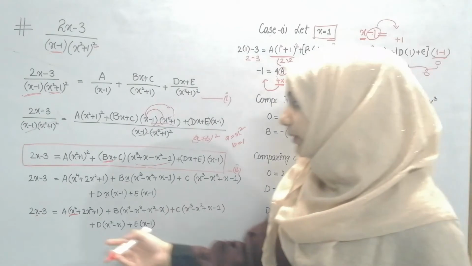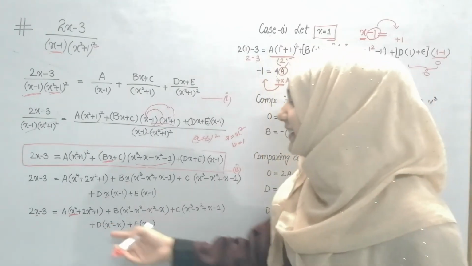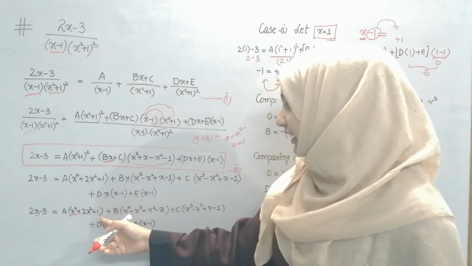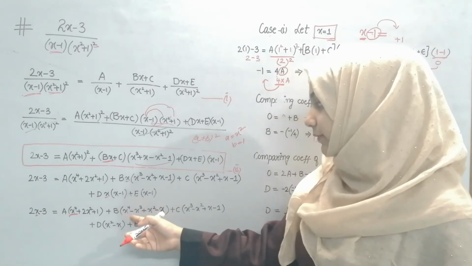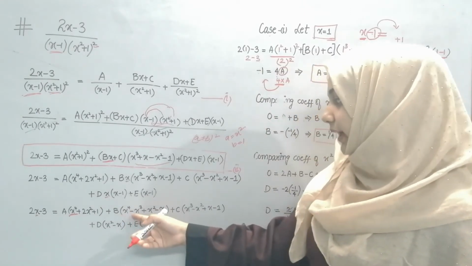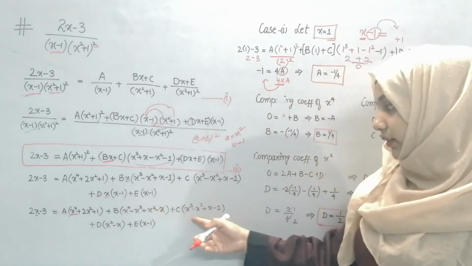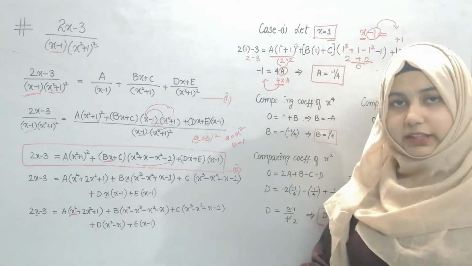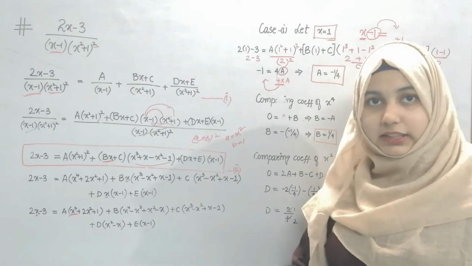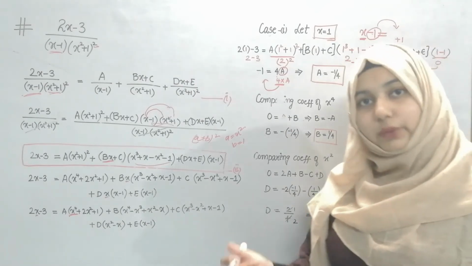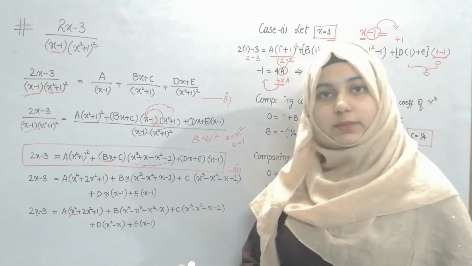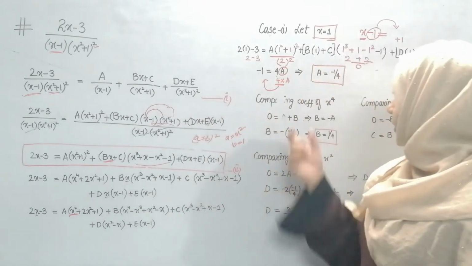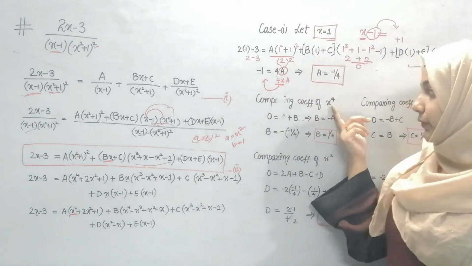Otherwise x power 4 will be the greatest, obviously. So see here, do we have any term greater than x power 4? Here we have x power 4 again, x power 3, x square. Do we have one? No, we don't have it. So the variable with the highest degree is x power 4. So now let's compare the coefficients of x power 4 on both the sides. Comparing the coefficients of x power 4.